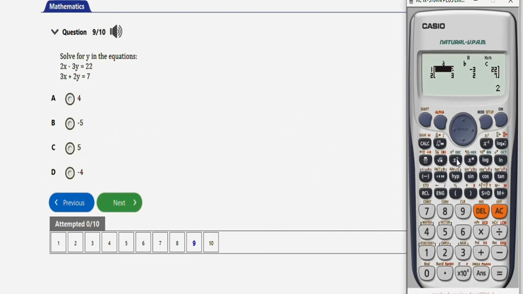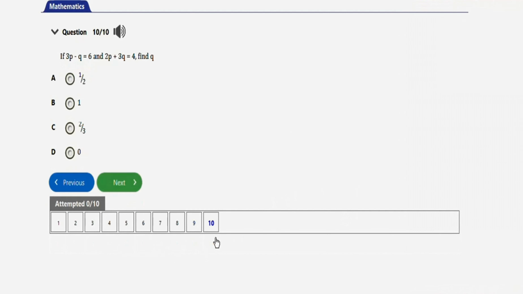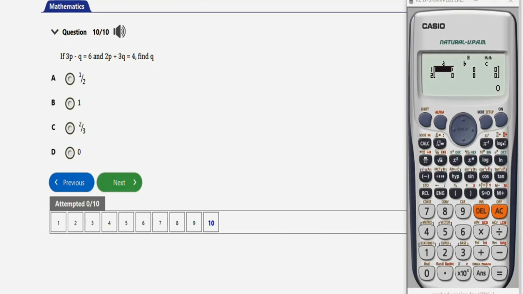So lastly, before I end this video, question 10. Okay, this one. It says if 3p minus q equals 6 and 2p plus 3q equals 4. So let's bring the calculator. For this question, our p will be our x and our q will be our y. So the first equation will be 3 as the coefficient of 3p, then minus 1 as the coefficient of minus q, then the constant is 6.